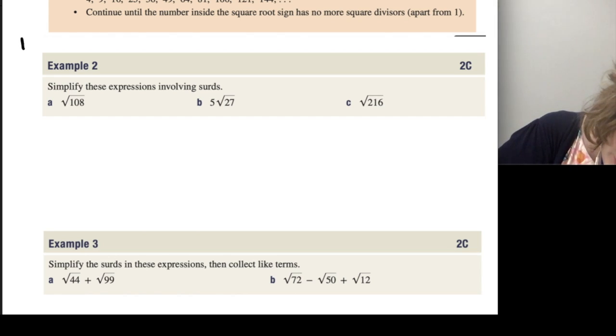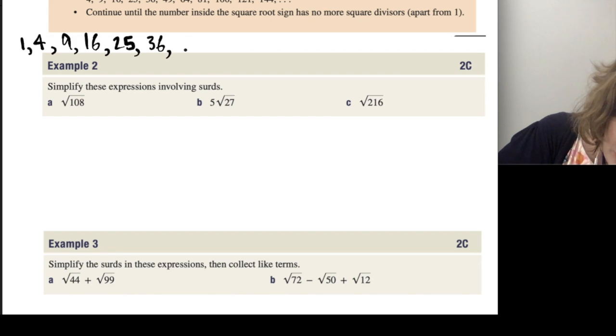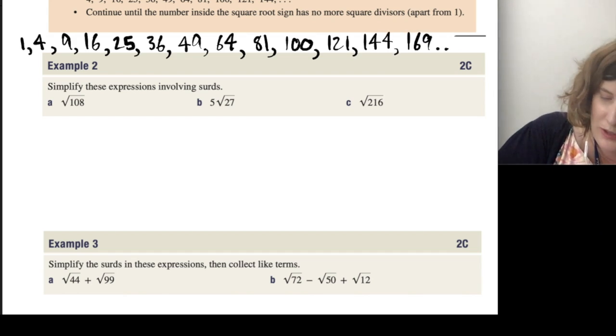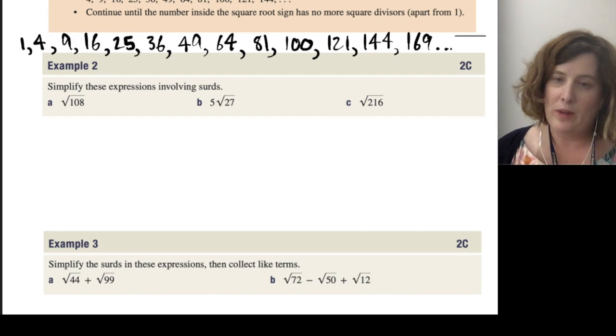I've got 1, 4, 9, 16, 25, 36, 49, 64, 81, I always get stuck there, 100, 121, 144, 169, nice, and it keeps going. So 108, do any of these go into that?